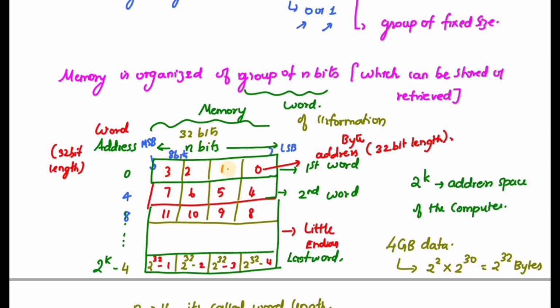So it ranges from 0, 1, 2, 3 for the first word. The 0 represents a byte address.